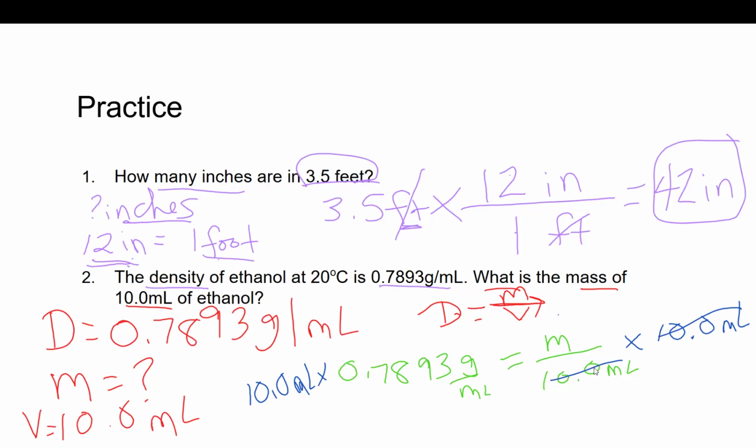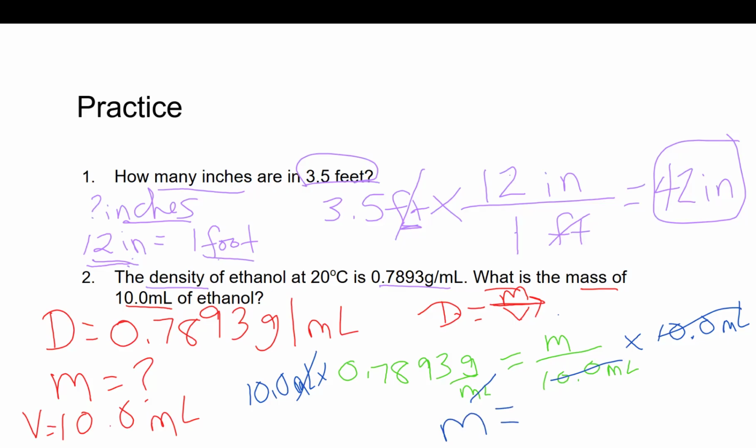Mass divided by volume times its volume cancels out, equals our volume times our density. Now, what happens with our milliliters? We have milliliters times grams divided by milliliters, so our milliliters are going to be canceled out.